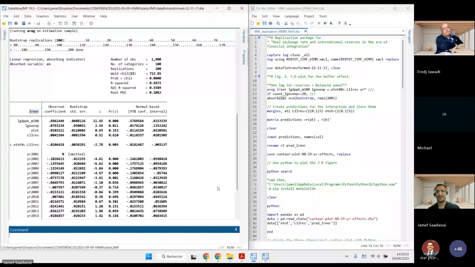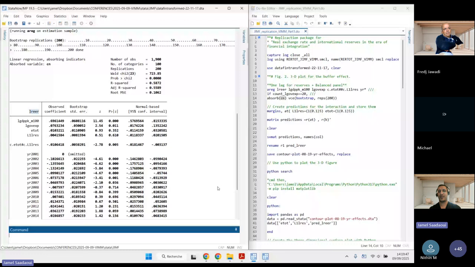Hello. I just want a clarification regarding what is areg. Normally we use reg, right? So is areg something different from normal regression? Oh, yeah. areg is a command in Stata helping you to estimate a panel regression model with a high dimensional fixed effect.